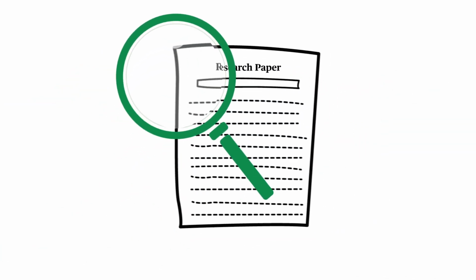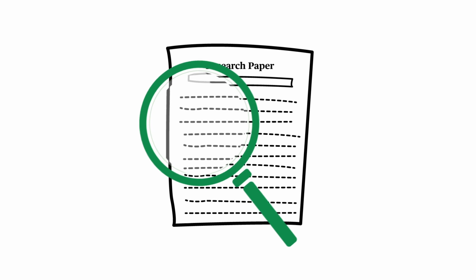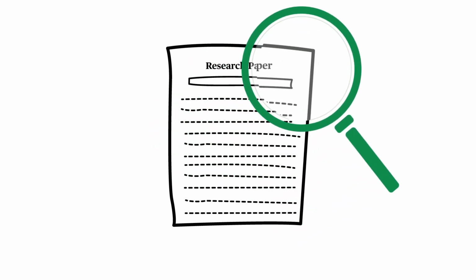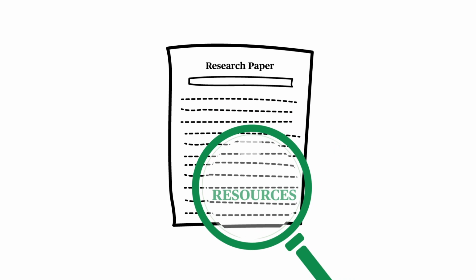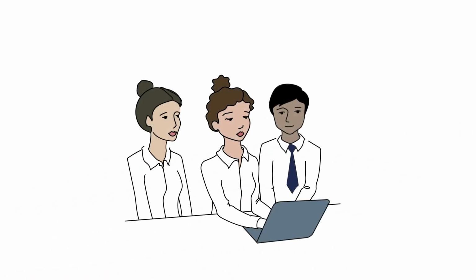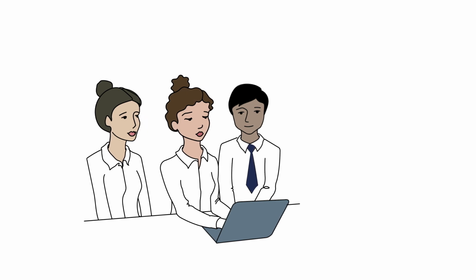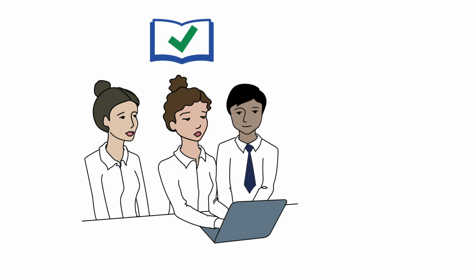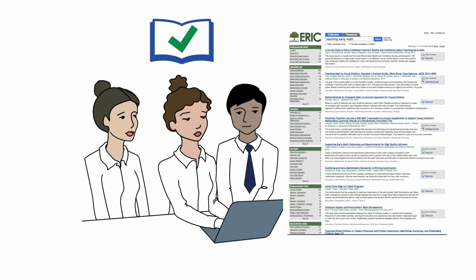Now that you've identified potential articles, it's time to evaluate the details. This will help you assess the quality and appropriateness of the resources you found for your research paper. You may need to focus on peer-reviewed resources, which many college professors require. Peer-reviewed means that a written work has been scrutinized and evaluated by experts in the relevant field of study.